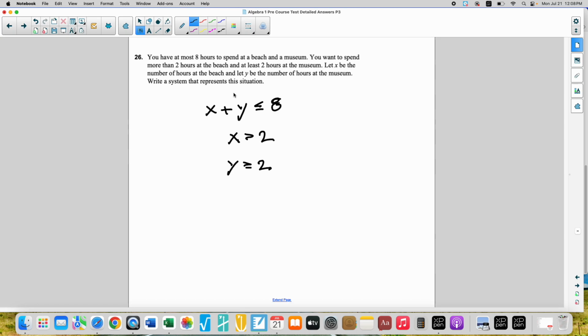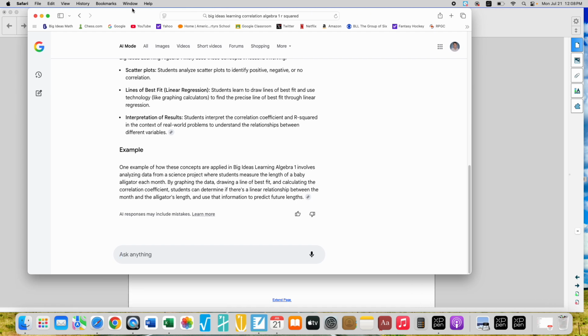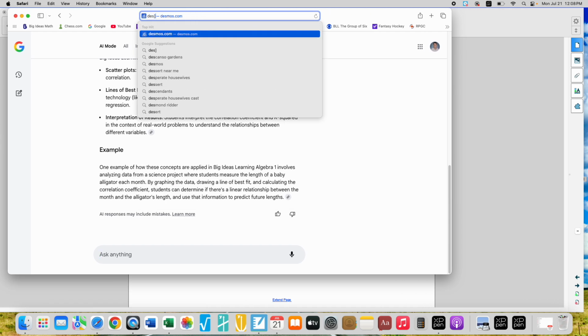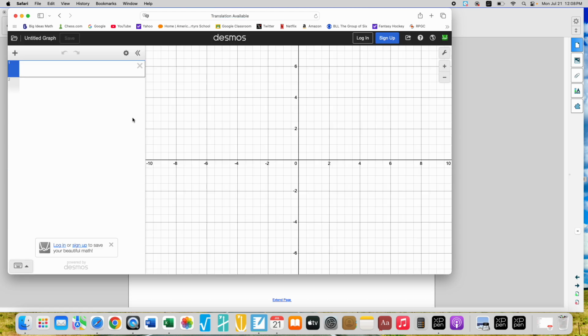Using Desmos is kind of cool. We could plot these all into Desmos. Let's give it a little shot here. Let's put each of those equations in there.